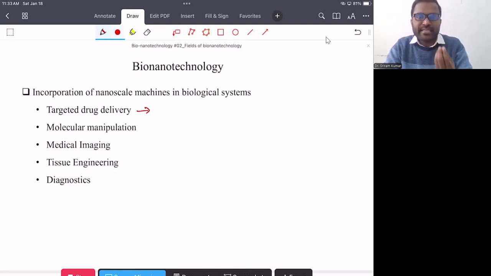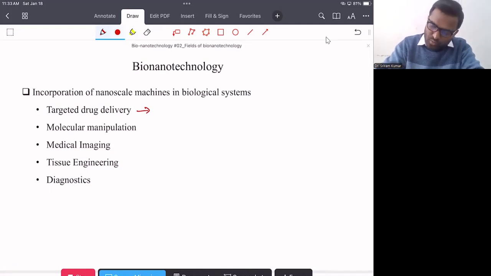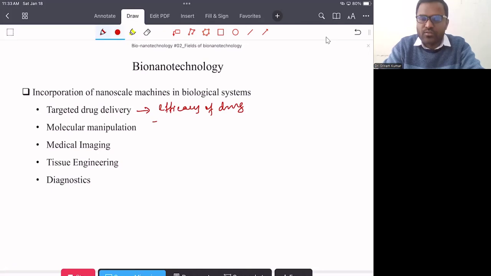Based on that targeted drug delivery, we can increase the overall efficacy of the drug, and we can also reduce the side effects of the drug. So there are two advantages.